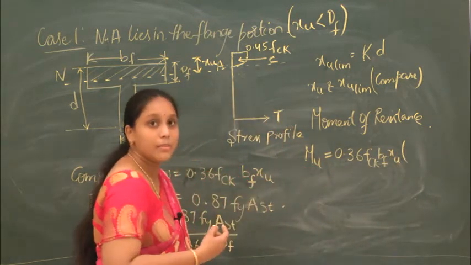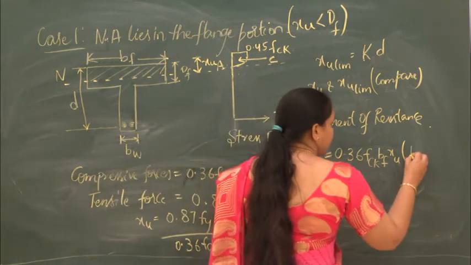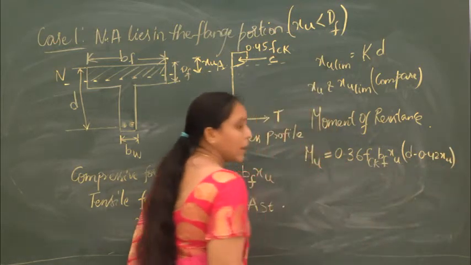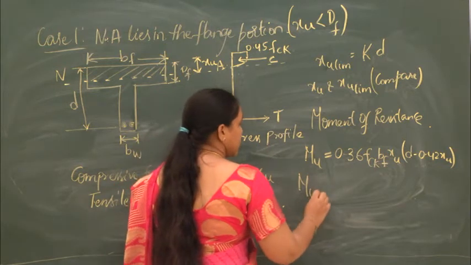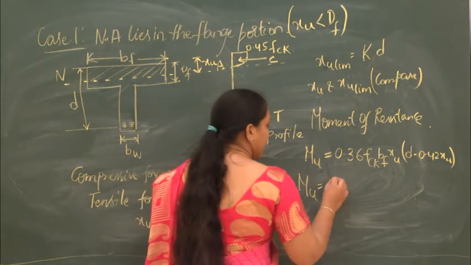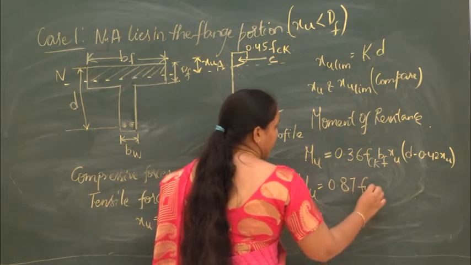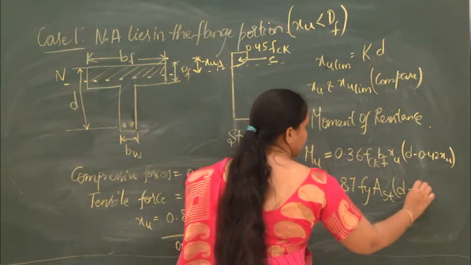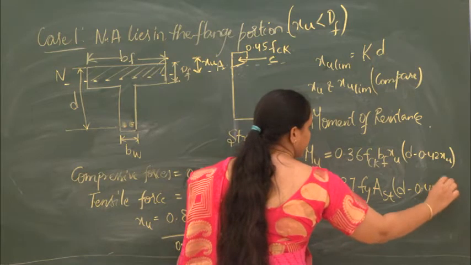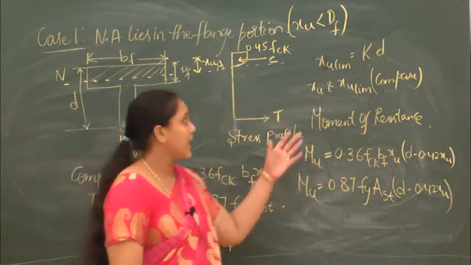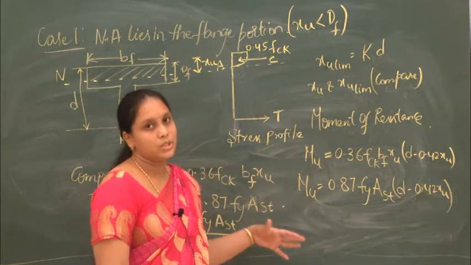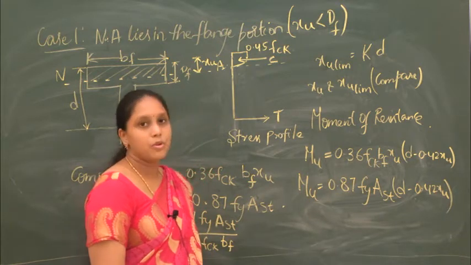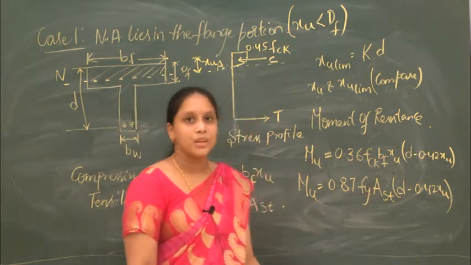The lever arm is the same as for a rectangular beam, d minus 0.42 xu. In a similar way, the moment of resistance with respect to steel will be 0.87 fy into Ast into d minus 0.42 xu. If it is a balanced section or an over reinforced section, then xu will be replaced with xu limit, and if it is an under reinforced section, then xu will be the same.